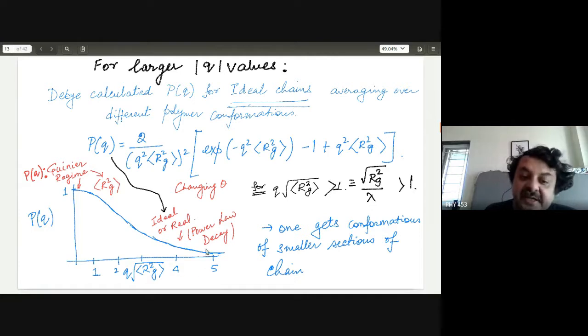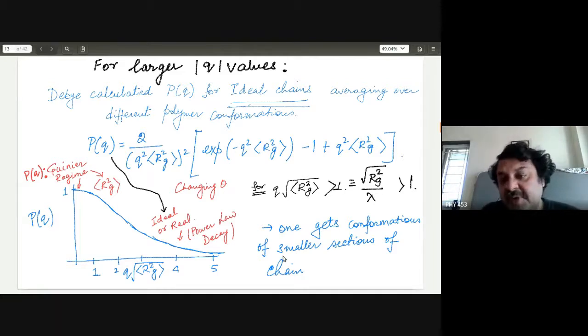There it might behave like an ideal chain or a real chain. So by figuring out the nature of the drop of the form factor, you can figure out whether it's behaving like an ideal chain or a real chain. In this case, the ratio of length scales, with lambda being the scattering wavelength, has to be greater than 1, so this is valid at this scale.